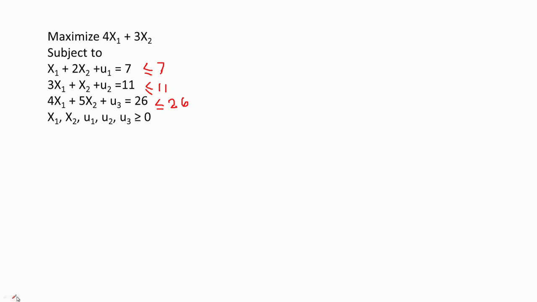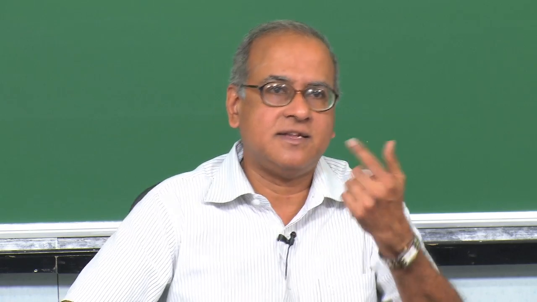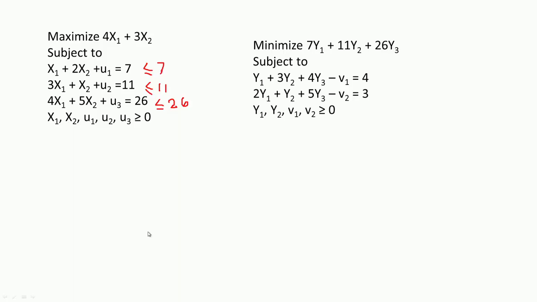Now we write the dual of this problem. The primal has 2 variables excluding the slack variables, so the dual will have 2 constraints. The primal has 3 constraints, so the dual will have 3 variables excluding the slack variables.